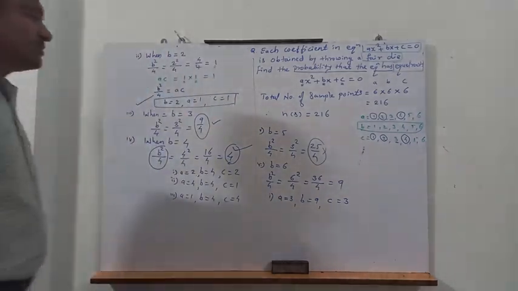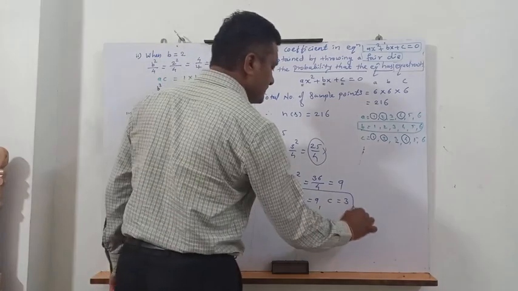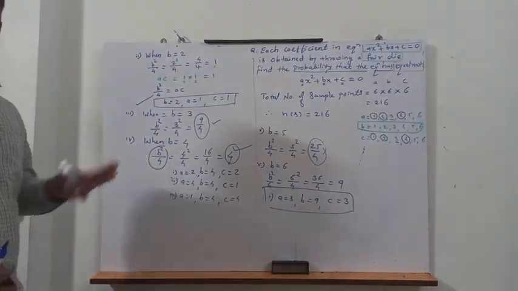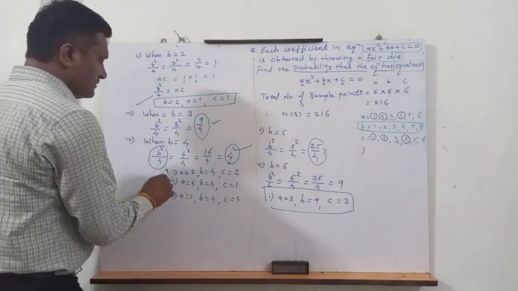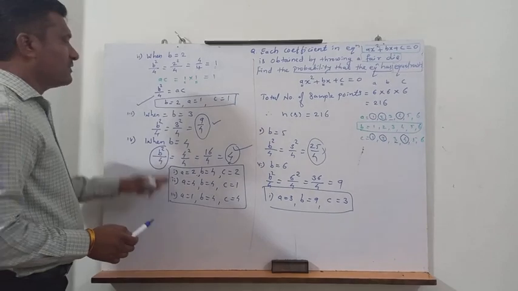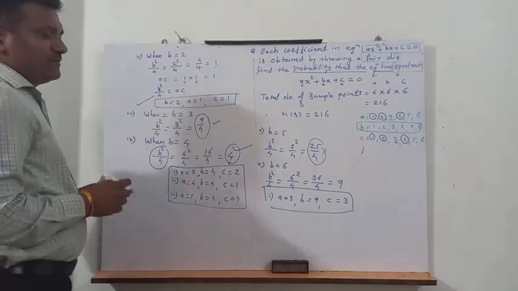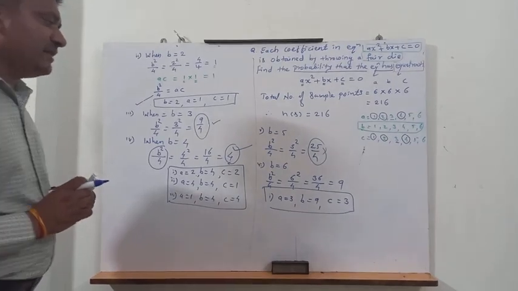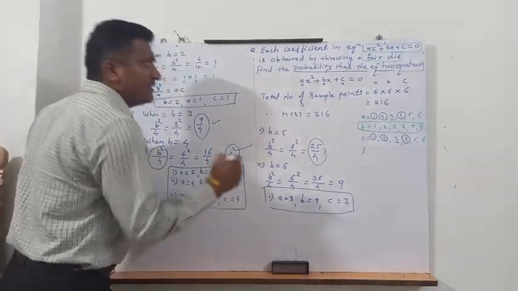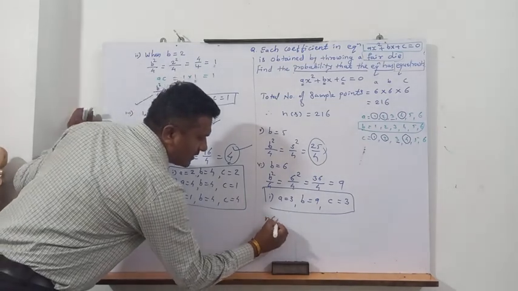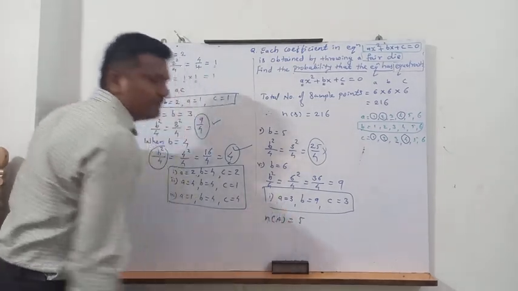So like this, total how many outcomes did we get which satisfy b square by 4 equal to AC? 1, this 3, 1 plus 3 how much? 4, and this is the fifth one. So total 5 possibilities are there, right? That means जो हमारा event है, suppose this is event A, so number of A will be how much? 5.